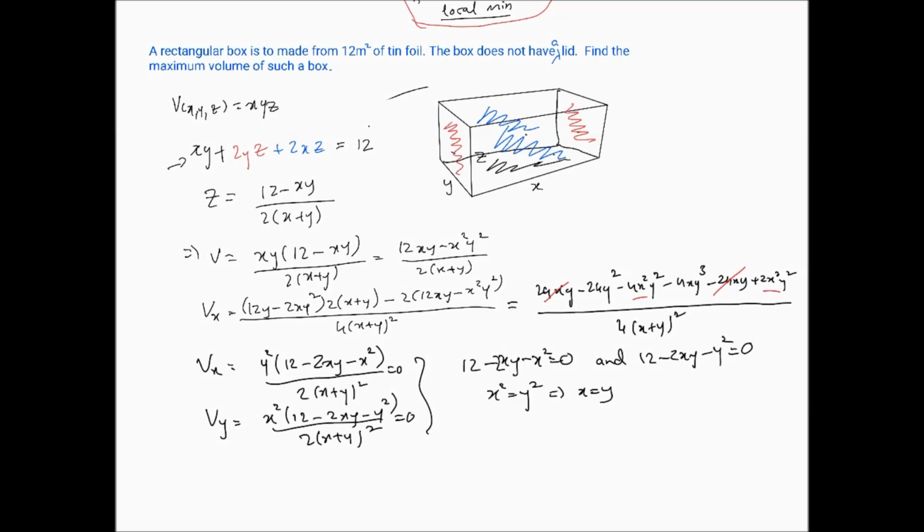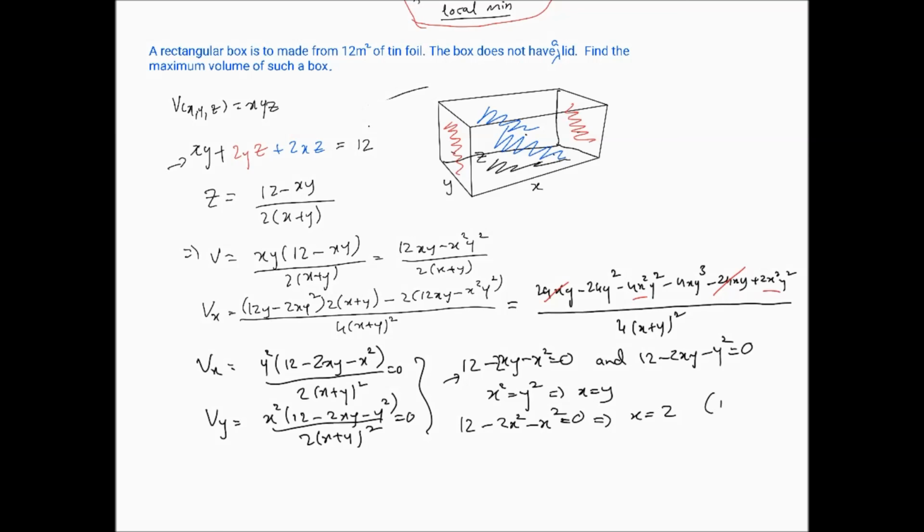Say for instance this one here, let's substitute in this one, so we get 12 minus, and we'll substitute y equals x. It's going to give you 2x squared minus x squared equals 0. So this implies that we have 3x squared equals 12, so x squared is 4. So x is equal to plus or minus 2. X is equal to 2, of course, we'll keep it.